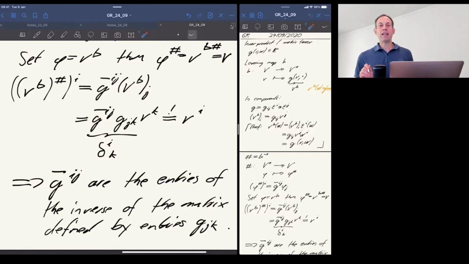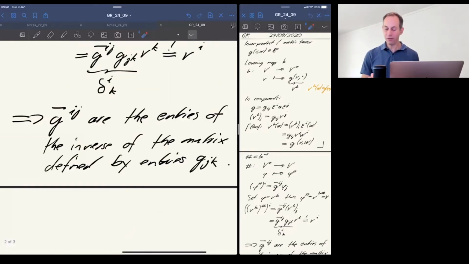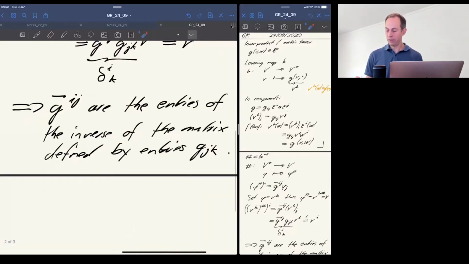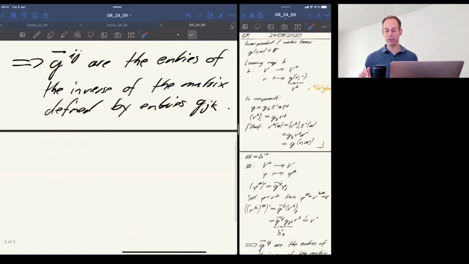In other words, I can calculate this G^{ij} with indices upstairs, if you give me the metric, by just taking the matrix inverse. That will be an operation that we will do very often. We will very often need this inverse map, this sharp map. To get it, we take the coefficients of the metric, interpret them as a matrix, invert this matrix, and then take the entries of that matrix as these coefficients.